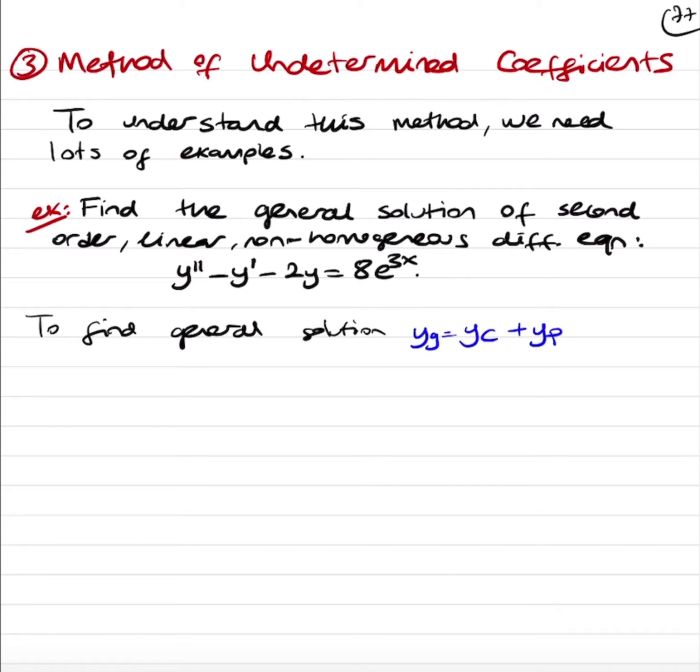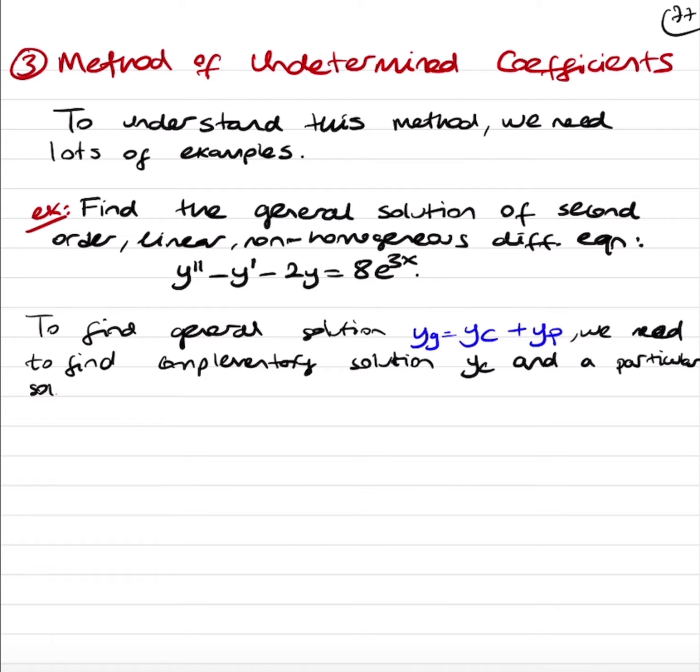So we need to find the complementary solution y complementary, and we need to find a particular solution y particular. So we will do that. Finding the complementary, y complementary is the solution of the corresponding homogeneous part.